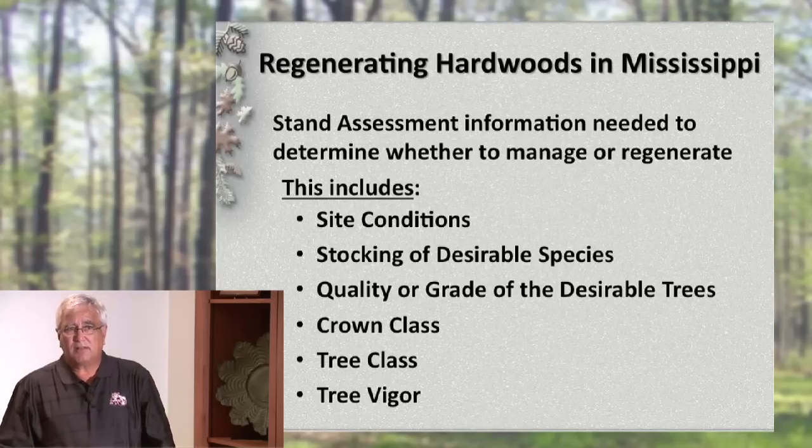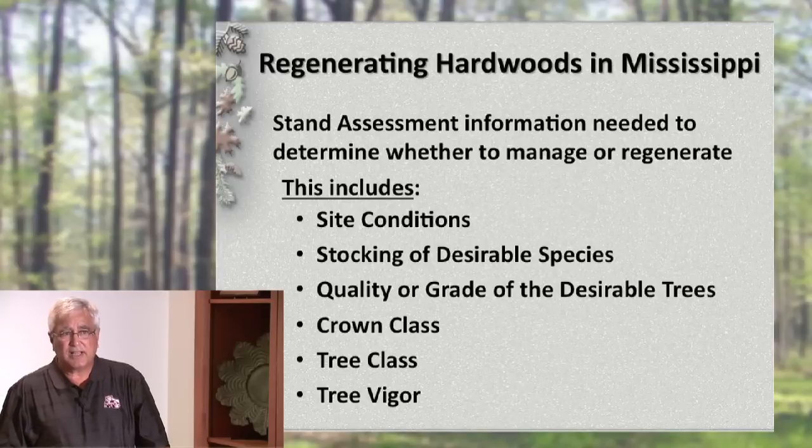So stand assessment information that's needed to manage this particular stand includes site conditions, stocking of desirable species, quality or grade of the desirable species, crown class, and tree vigor.